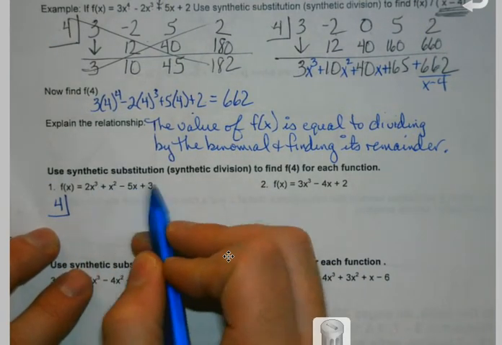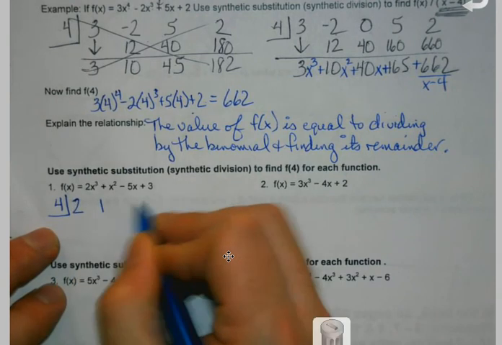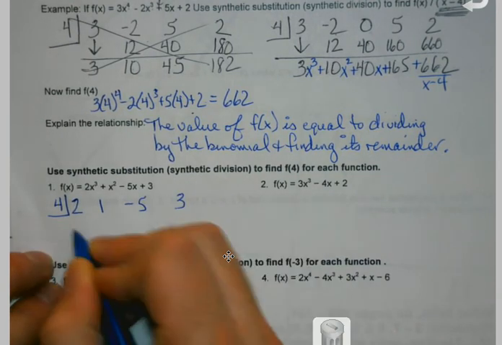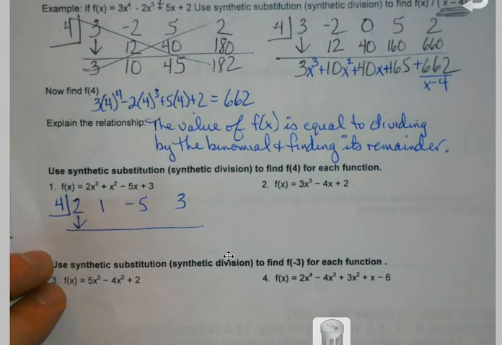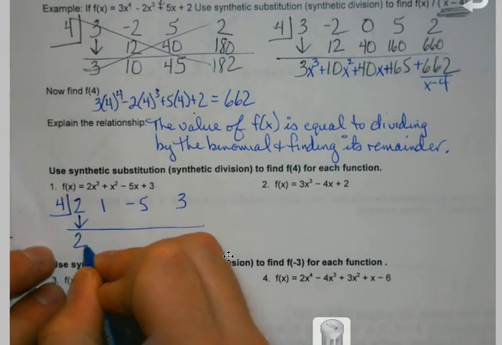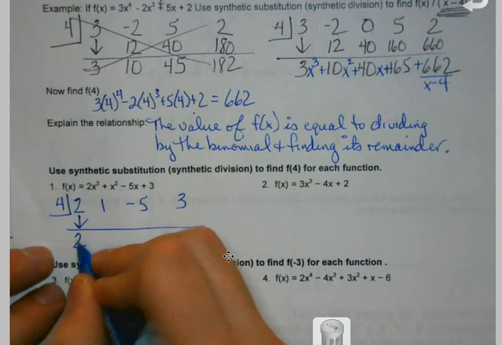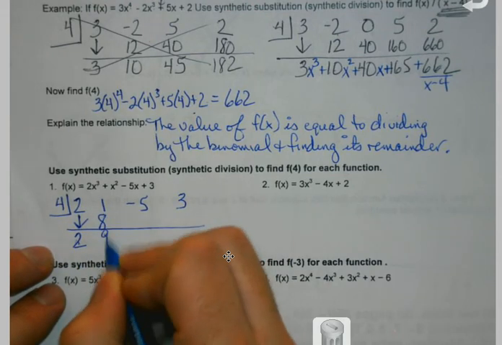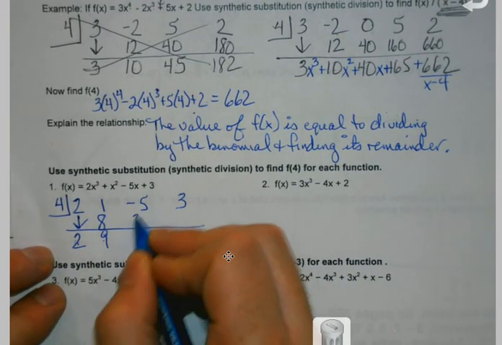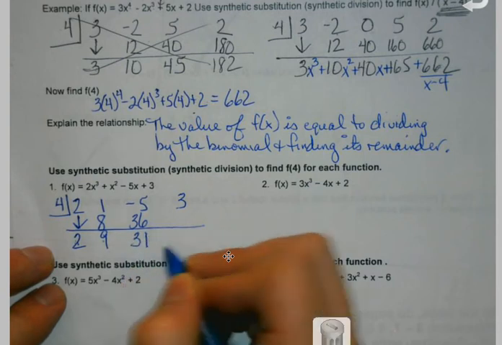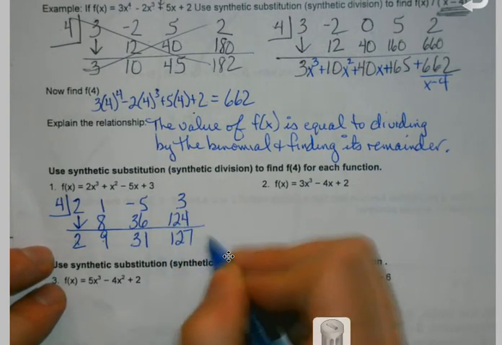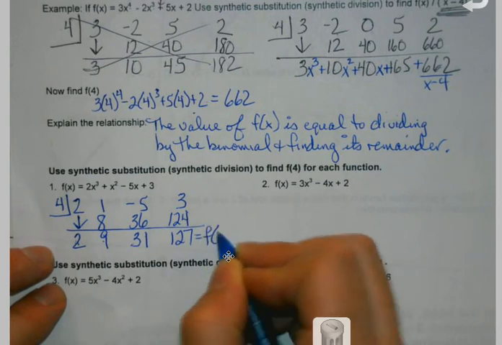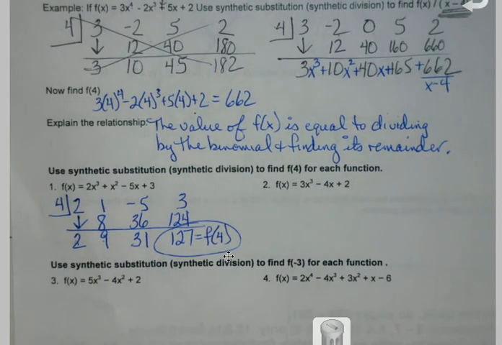Now, we won't mess up again here. 3, 2, 1, 0. Okay, no zeros this time. And then again, we're just going to roll through, bring the first term down, multiply, add down, multiply, add down, multiply, add down, and whatever that value is on the end is the value of your function at that particular value.